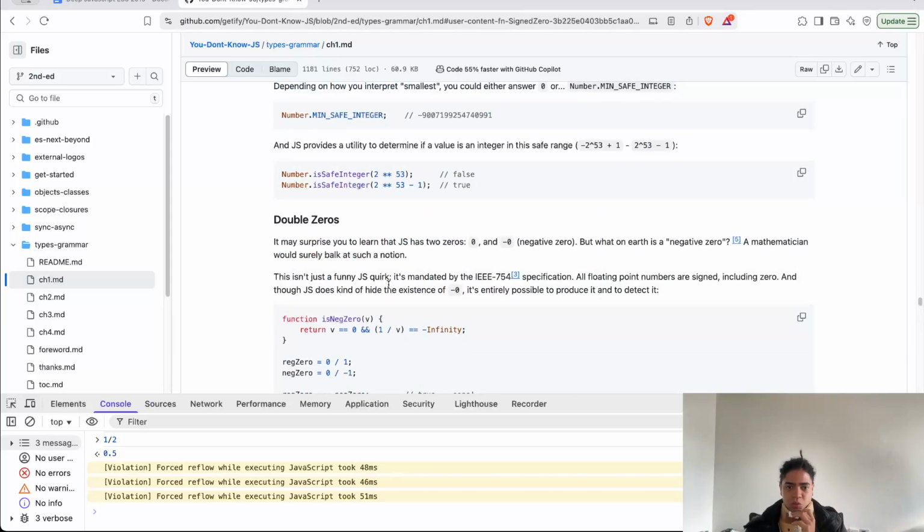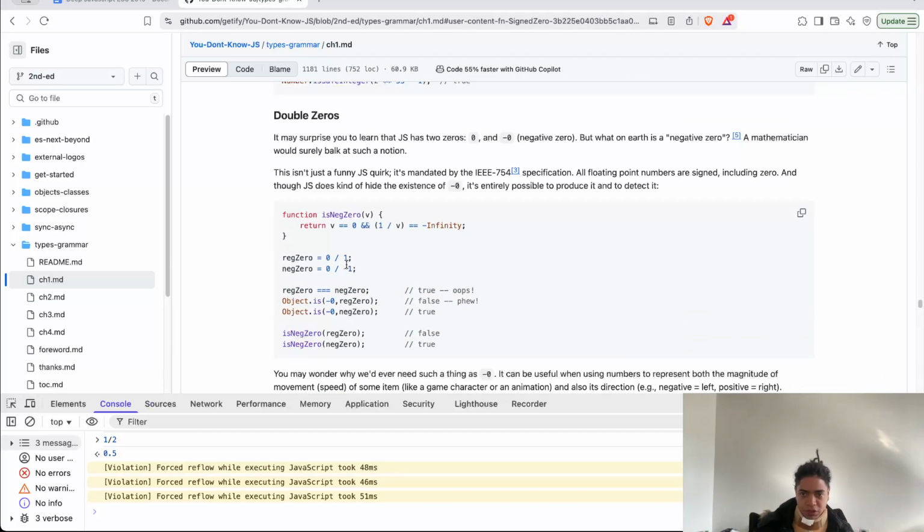A mathematician will surely balk at such a notion. This isn't just a funny JS quirk. It is mandated by the IEEE 754 specification. All floating point numbers are signed, including zero. And though JS does kind of hide the existence of negative zero, it is entirely possible to produce and detect it.